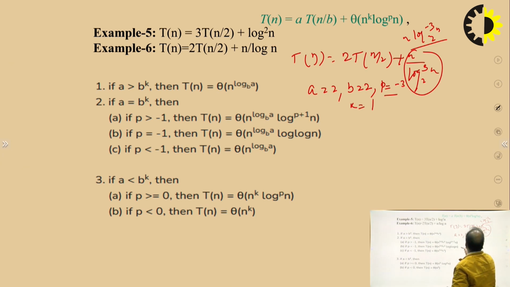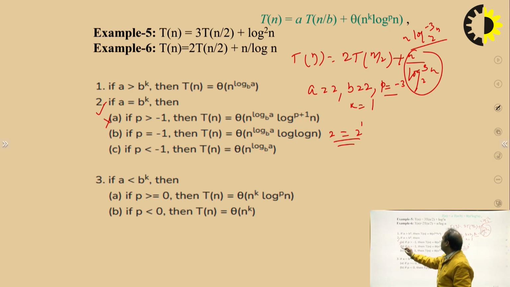So that means a equal to 2, b to the power k. Yes, this is correct. That means you are going in case number 2. But p greater than minus 1, no, this is not applicable. p equal to minus 1, no, it is not applicable. And see, p equal to minus 3 is less than minus 1, correct, right?